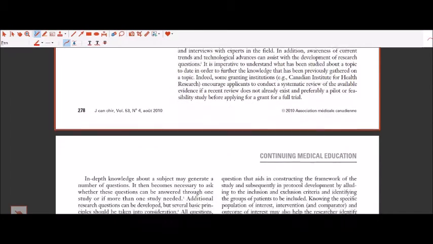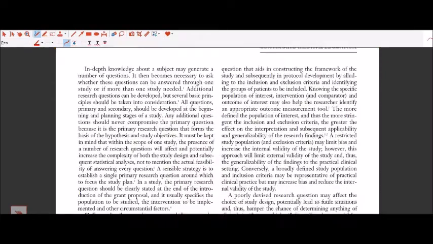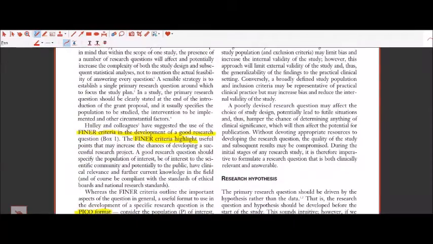However, my area of interest was basically to understand, while you are trying to come up with a good protocol to develop a good research question, the criteria that they have introduced, which they call the FINER criteria.